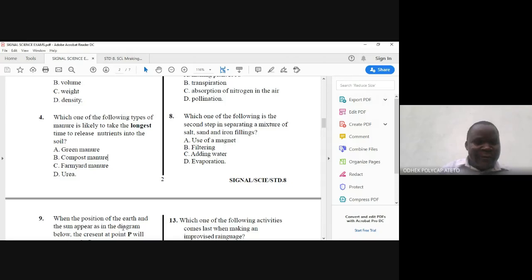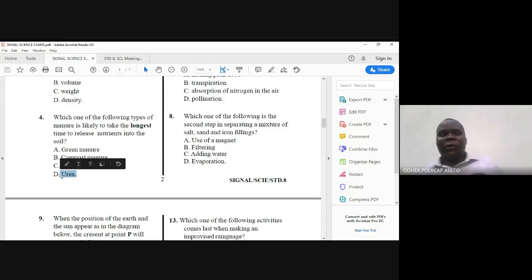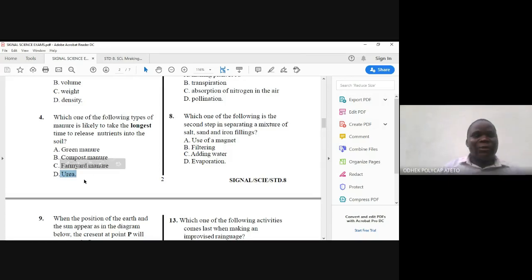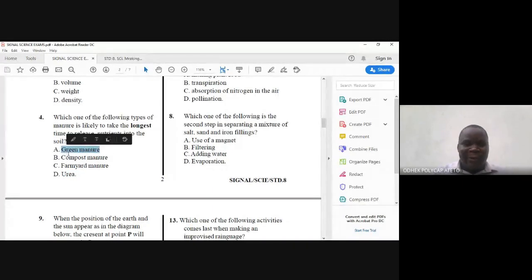That for compost. So farmyard is made from what? Farmyard is made from animal waste. That's where mostly farmyard is coming from. This is an example of a fertilizer. So urea is an example of fertilizer. So if the question is asking which one of the following types of manure takes the longest, we pick green manure when we have all the manures.